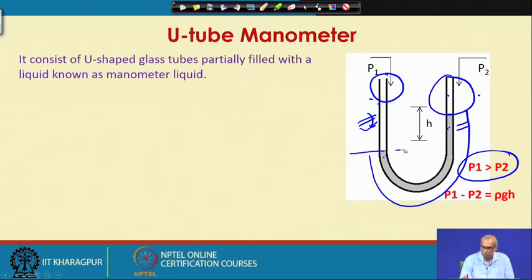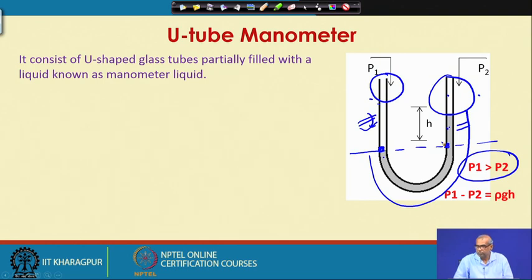So, if you write a balance, take these two points. Here the pressure is P1. If I neglect this column, it may be filled with air.